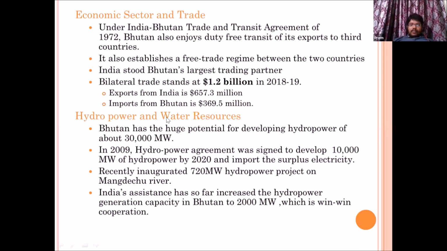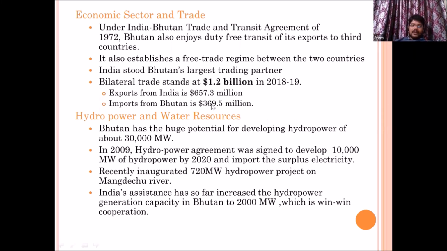Then finally, hydropower and water resources. This is very important because Bhutan is completely a hilly area, and majorly all the rivers from Tibet and the Himalayas flow through Bhutan and go to India. So constructing dams and generating electricity is a major economic activity for Bhutan, because Bhutan doesn't have any good industries, as it is completely Himalayas.